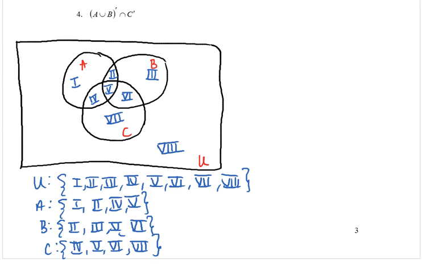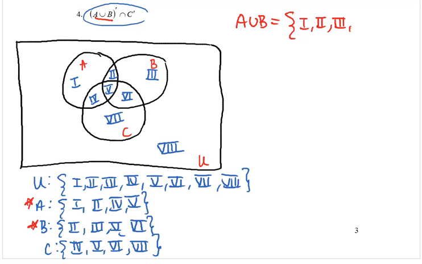So next, let's progress to figuring out our final set that we want to shade. So let's work inside and find out what A union B is first. So A union B is all the elements from A and B combined. So it has a 1, a 2, a 3, a 4, a 5, and a 6. So 1 through 6. You can also look at your Venn diagram.